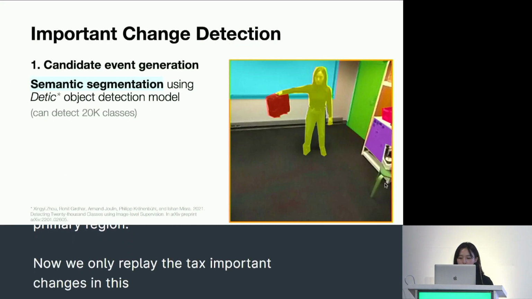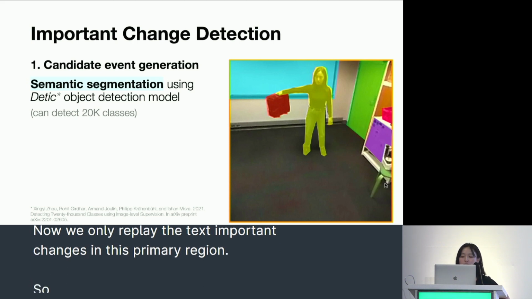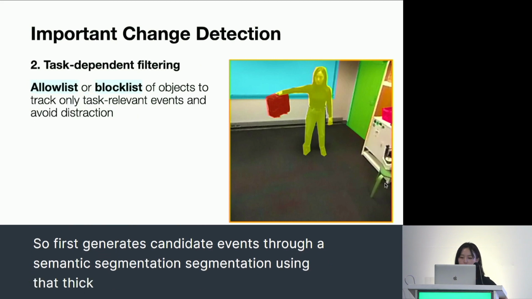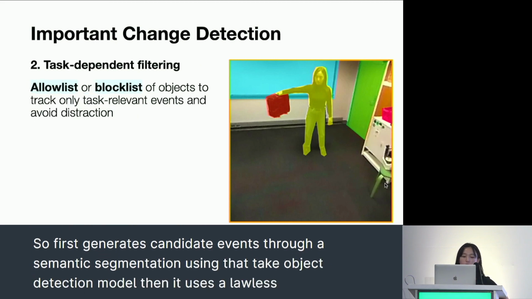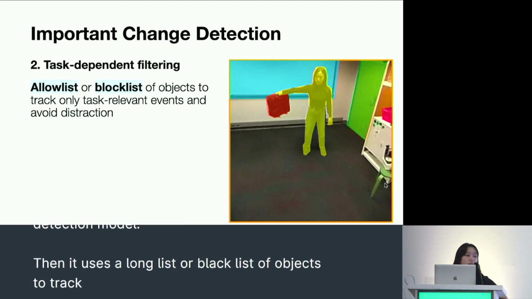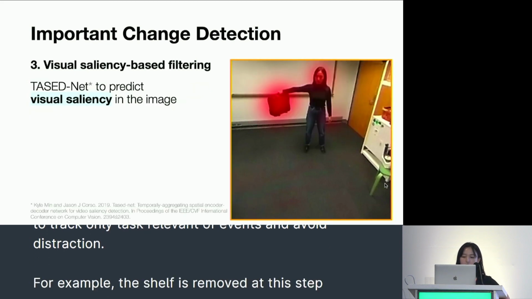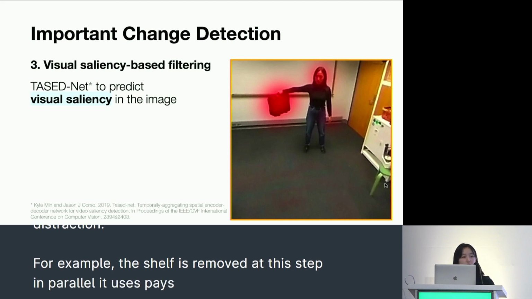So it first generates candidate events through semantic segmentation using a panoptic object detection model. Then it uses an allow list or block list of objects to track only task-relevant events and avoid distraction. For example, the shelf is removed at this step. In parallel, it uses TranSalNet to predict visual saliency of an image.